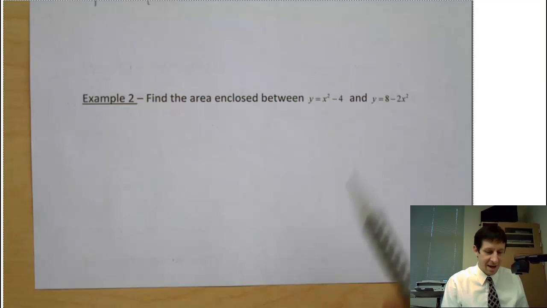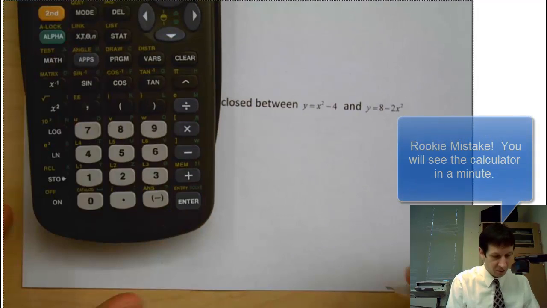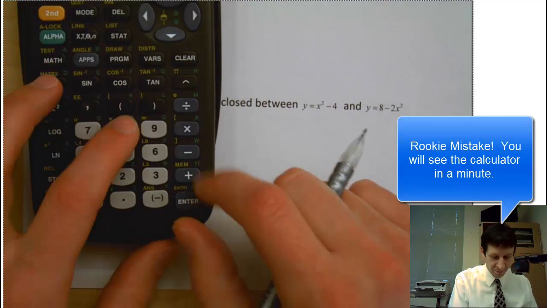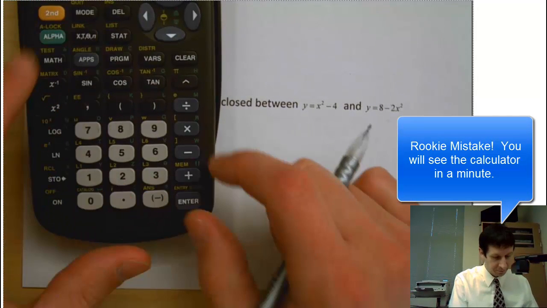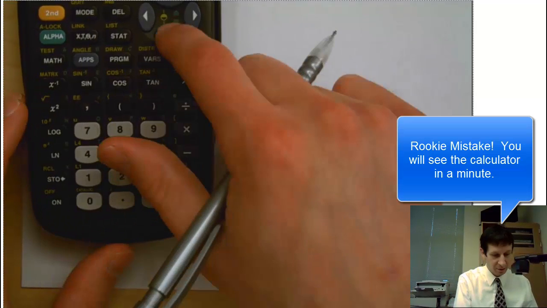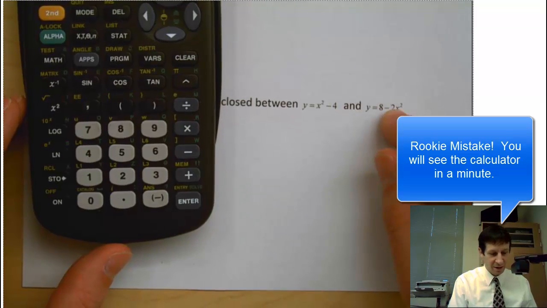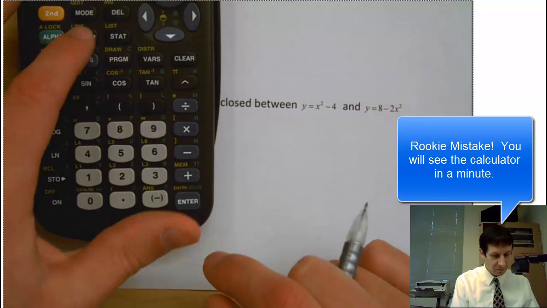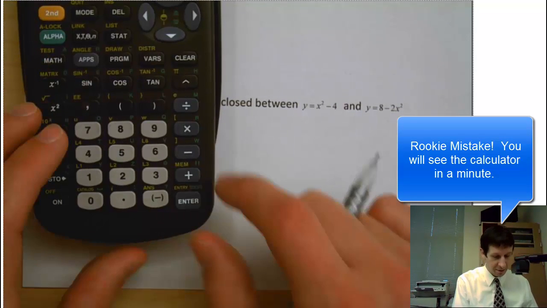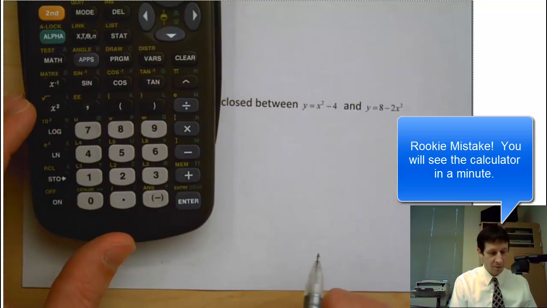It just says we have an area enclosed between 2 different curves. And here it looks like we have a parabola opening up and a parabola opening down. Again, I could graph it by hand, but I think this time I'll just take a real quick look to see what this looks like. I'm guessing the parabola opening down is the upper one, so I stored that in y1. And let's look at x squared minus 4.